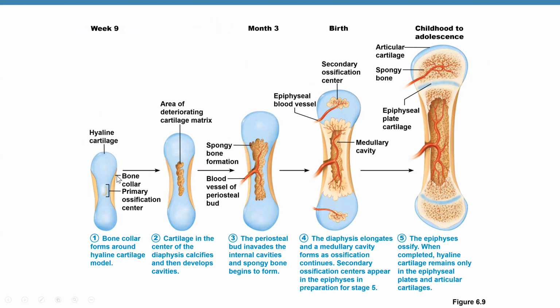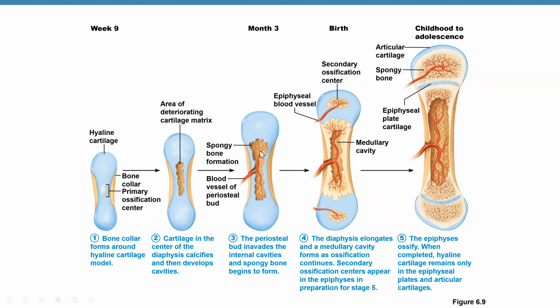So again, we start with formation of bony collar, right, through intramembranous ossification. Then the cartilage inside the diaphysis enlarges and starts secreting calcium, and it dies, forming this cavity.